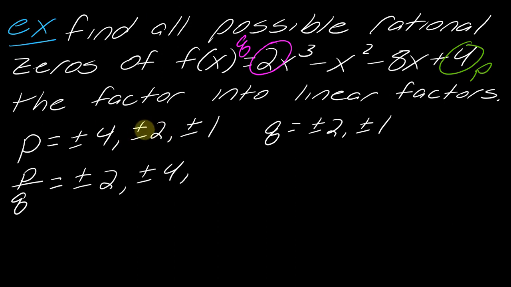Now let's take 2 over each of the q possibilities. 2 divided by 2 is 1, so I can just write plus or minus 1. 2 divided by 1 is 2, which we already have. Finally, we have plus or minus 1 over 2, and then plus or minus 1 over 1, which again is just 1. So what this theorem is saying then is these are the possible rational zeros of this polynomial. So that's kind of cool.